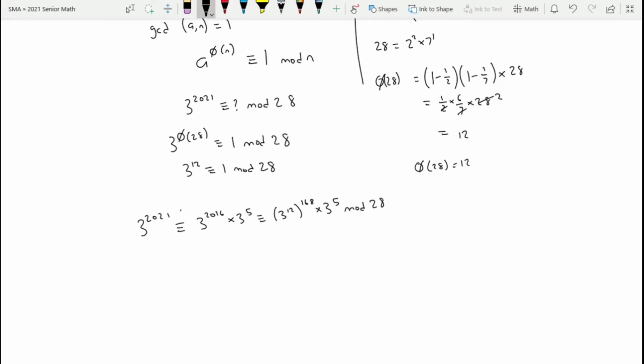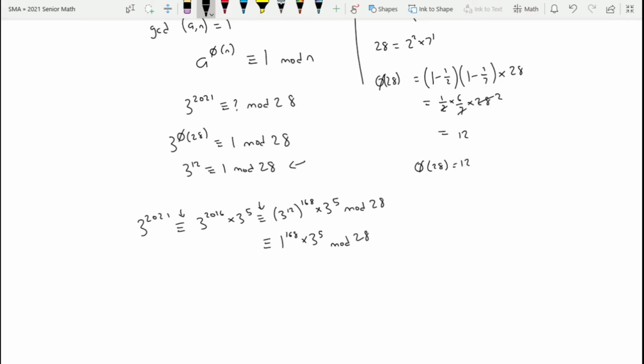These in fact are equalities; they don't even have to be congruences, since all the numbers here are equal. From here, we have that 3 raised to the power 12 is congruent to 1 mod 28, so we can replace 3 raised to the power 12 with 1. That's going to be 1 raised to the power 168 times 3 raised to the power 5 mod 28.